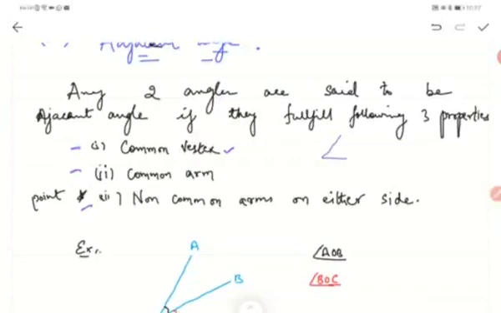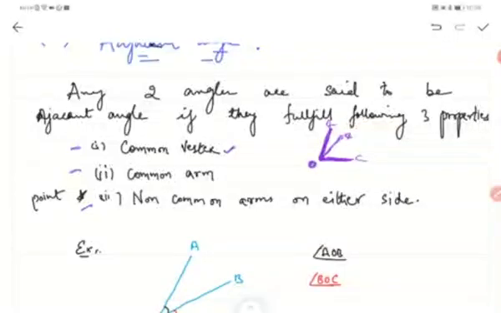When I'm intersecting three lines, this is a common vertex for these three lines. If I take this vertex as O, and the points A, B, C, then angle AOC is one, and angle BOC also has O as the common vertex. For AOC, AOB, BOC, the common vertex is O.